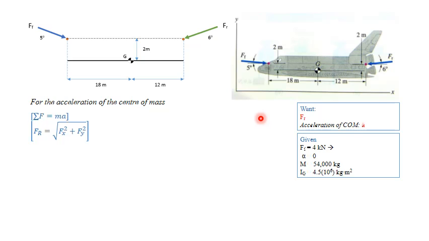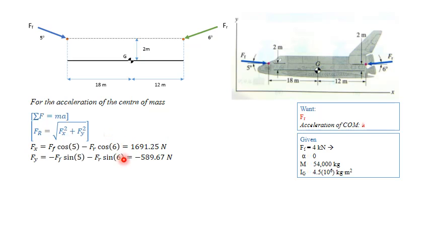So once again, let's determine the forces in the x and y directions using our equilibrium equations. So, forces in the x direction, that's going to be the x component of Ff and the x component of Fr, and that's going to give us 1691.25 newtons.